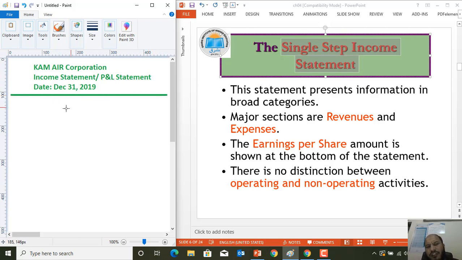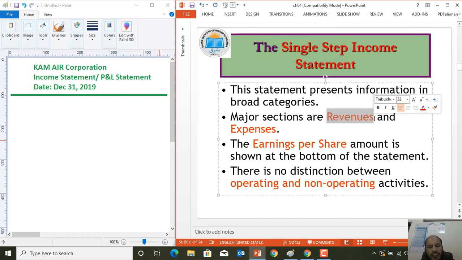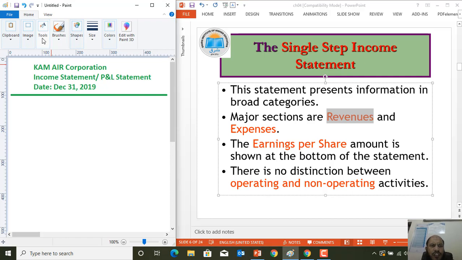So this is the title. Now see the slide. The author explains that this statement presents information in broad categories. Here we have information in a broader concept. So the major sections are revenue and expenses. We have two things in this statement. The first one is called revenue and the second one is called expenses.